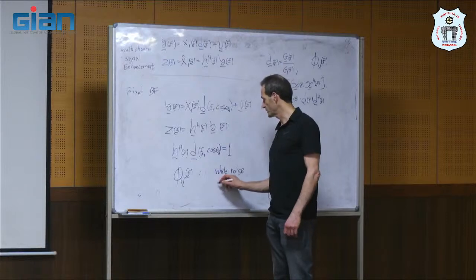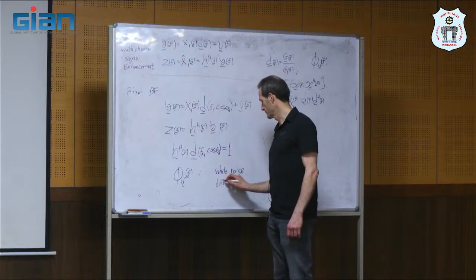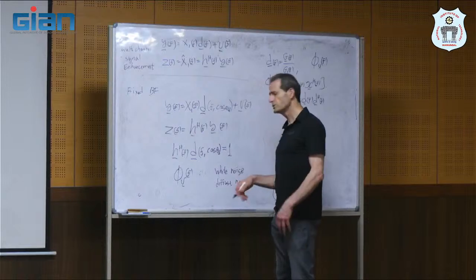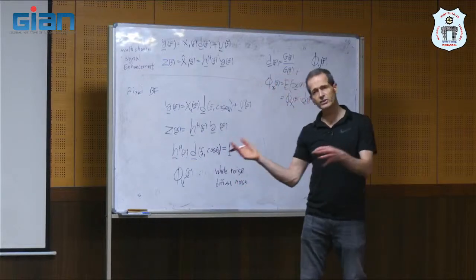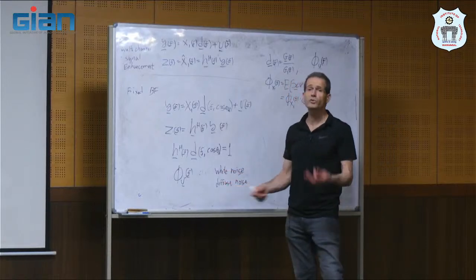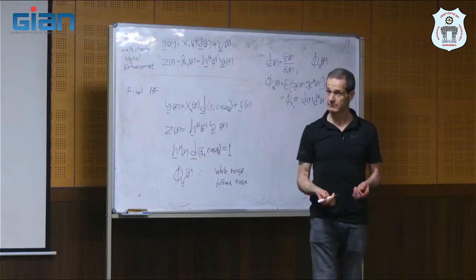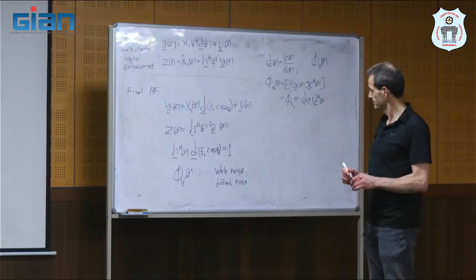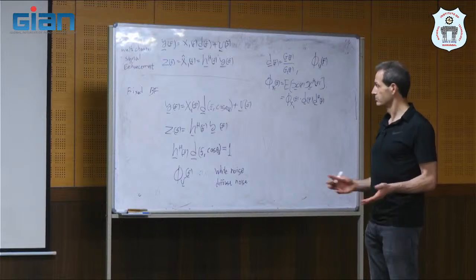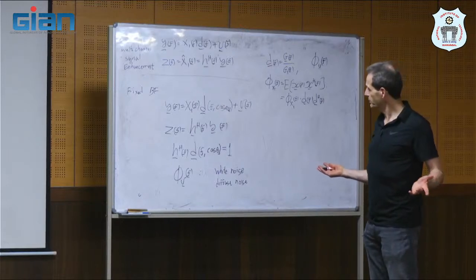Or diffuse noise, or you assume other things, okay? But for here, just for simplicity, we will assume either this or a combination of this. So we can continue from here.